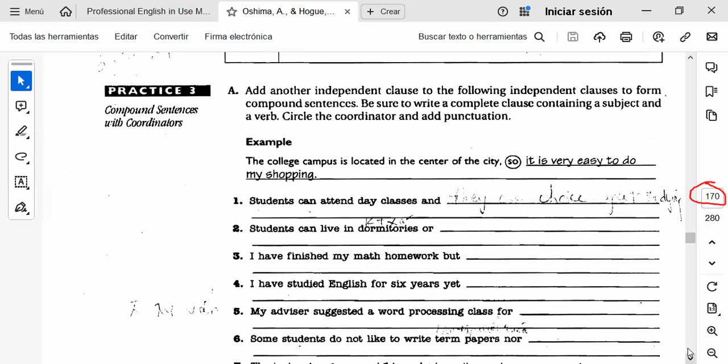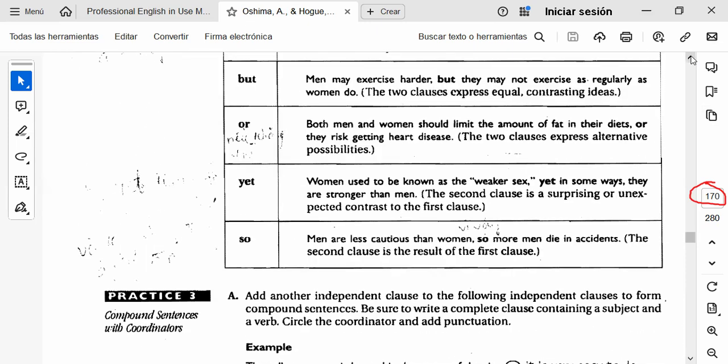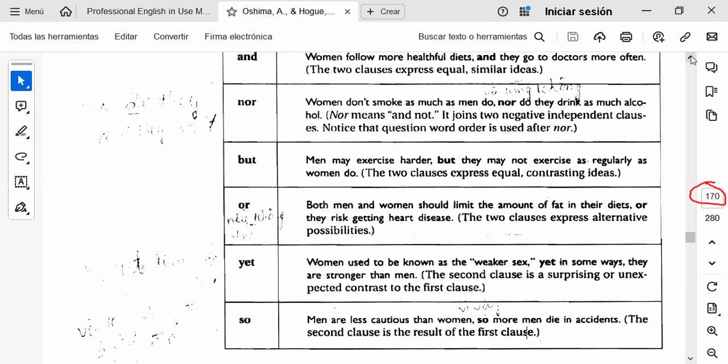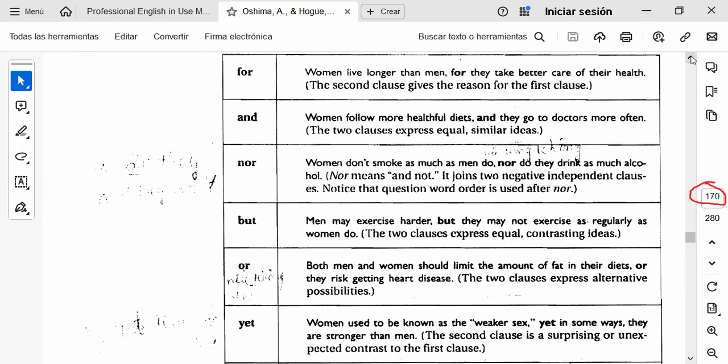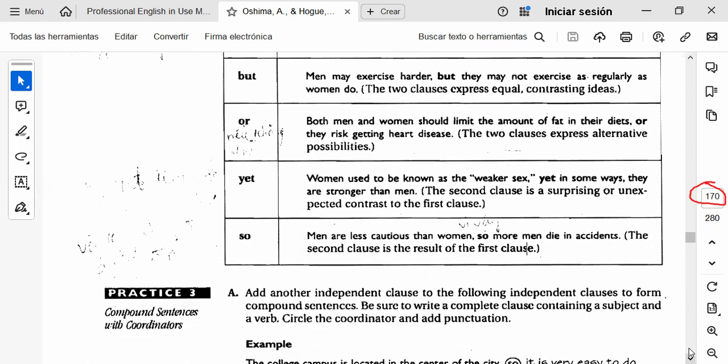Students can attend their classes, comma, and then, what could we say there? A similar idea. And they can learn new vocabulary.